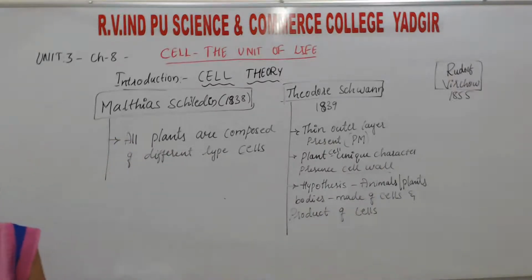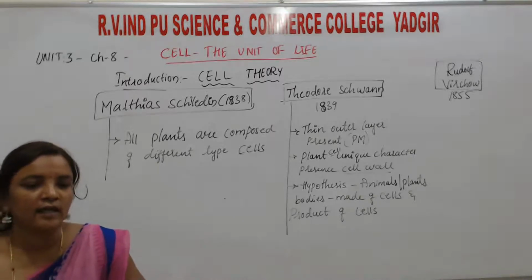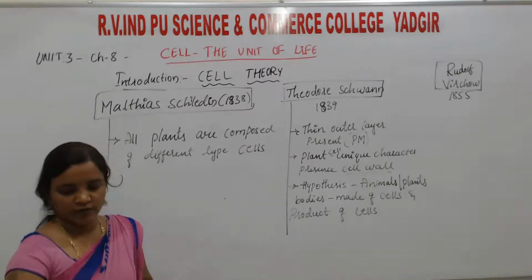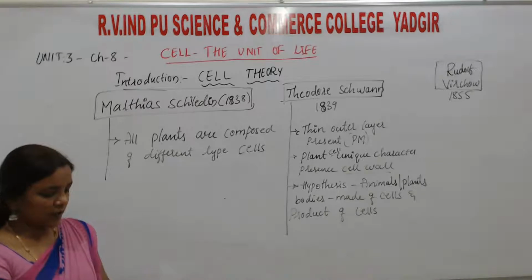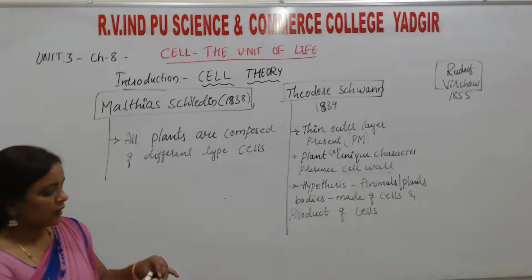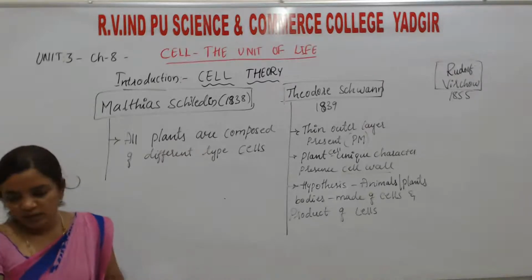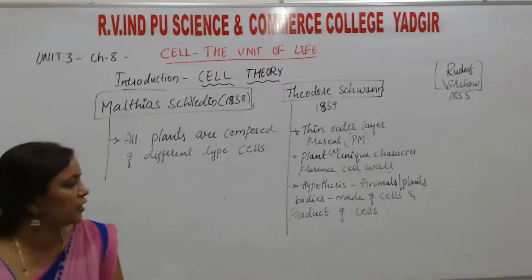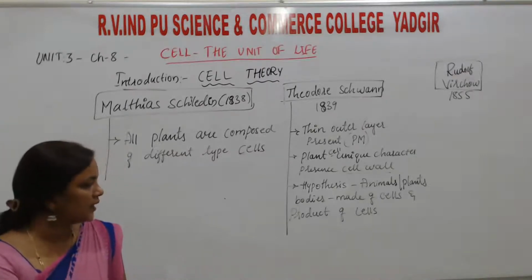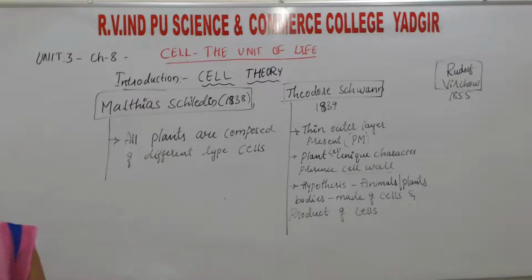So according to this hypothesis by Theodor Schwann, any cell we take is made up of a thin outer covering, and the plant cell has the unique character of a cell wall. The hypothesis indicates that animals and plants are made up of cells, and the cells also consist of some products of cells.